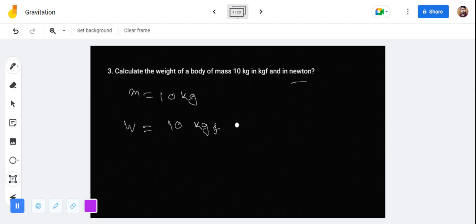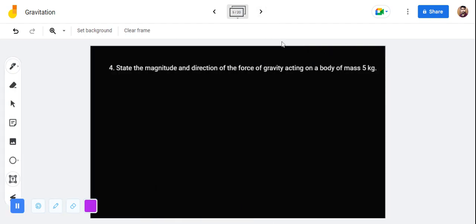So we can write it as 10 kg force. But in Newton, the weight will be equal to mg, that is basically 10 into 9.8. So it will be 98, and the unit of weight in SI unit is Newton. So in Newton it will be 98 Newton.